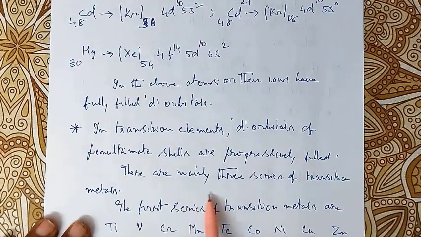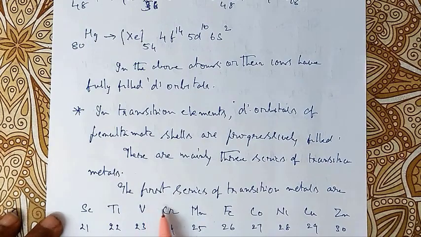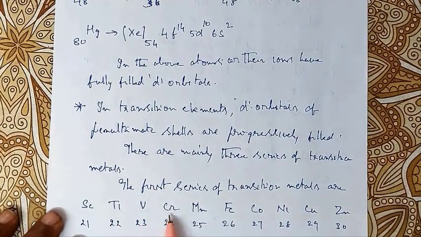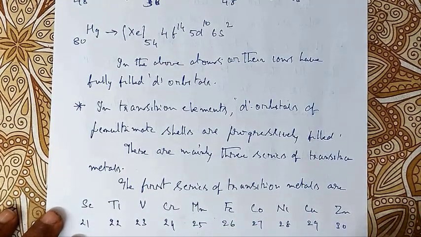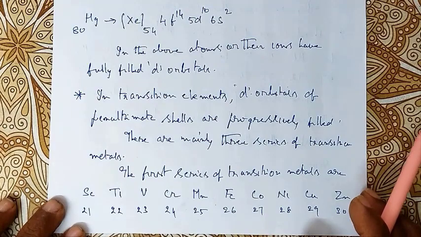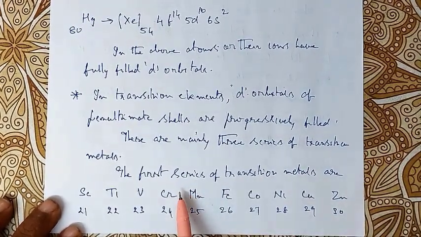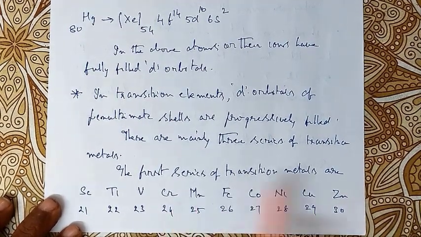There are mainly 3 transition series. The first series of transition metals are scandium, titanium, vanadium, chromium, manganese, iron, cobalt, nickel, copper, zinc. They are also referred to as the 3d series since the last electron enters the 3d subshell.